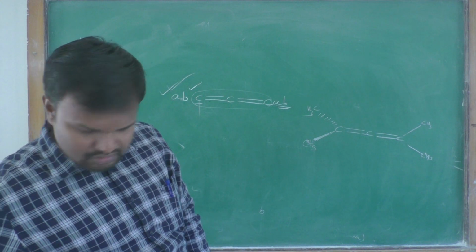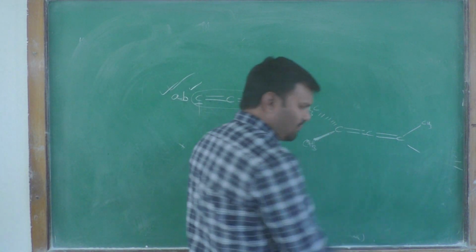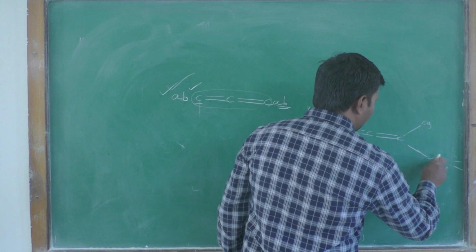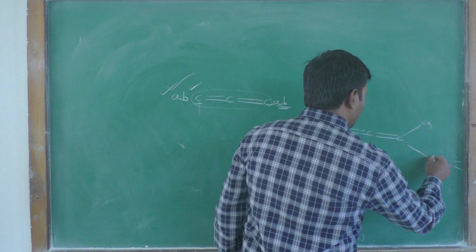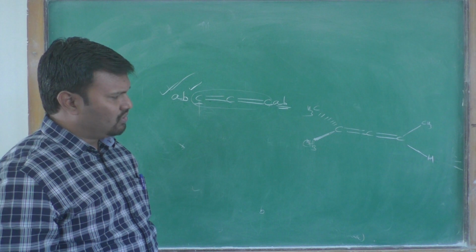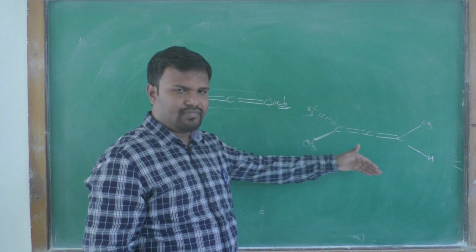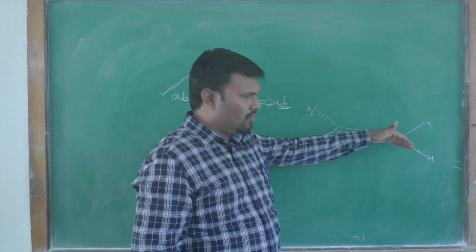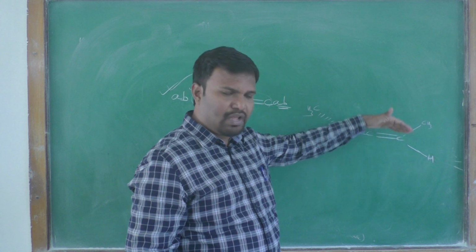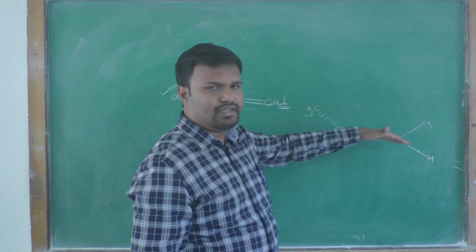Okay, suppose it has a different group, suppose hydrogen is there. In such a condition, when you pass the plane through this molecule, it does not divide it into two equal parts.